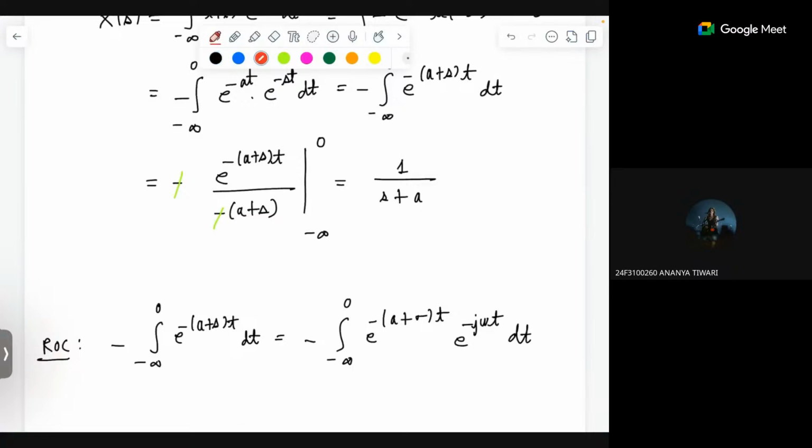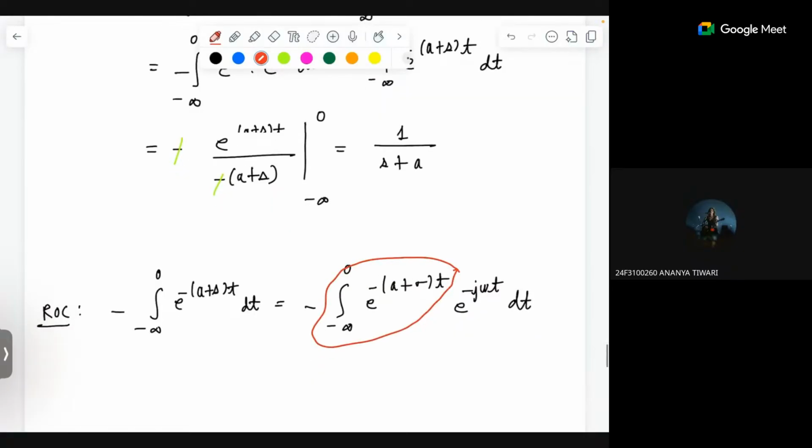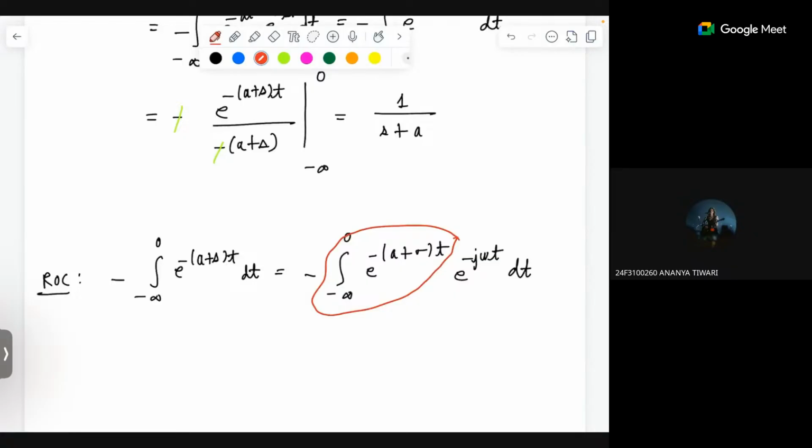Now for this to converge here, this is in the time going from minus infinity to 0, so it is on the negative side. So on the negative side, for the exponential to converge, I want this to be less than 0.